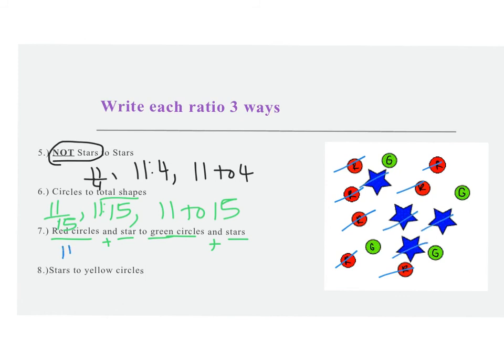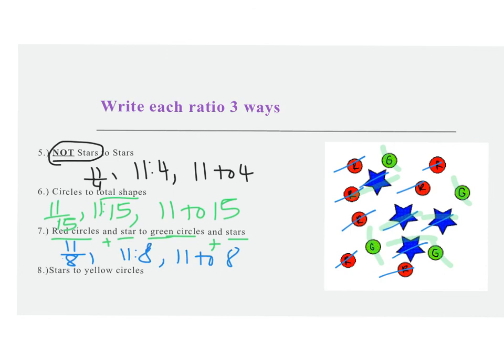So we have 11 over, let's take a look at our green and stars. 1, 2, 3, 4 green, and then we had 4 stars, so that would be 8. So 11 over 8. We cannot simplify that, right? So that's going to be it. 11 colon 8, and then 11 to 8.